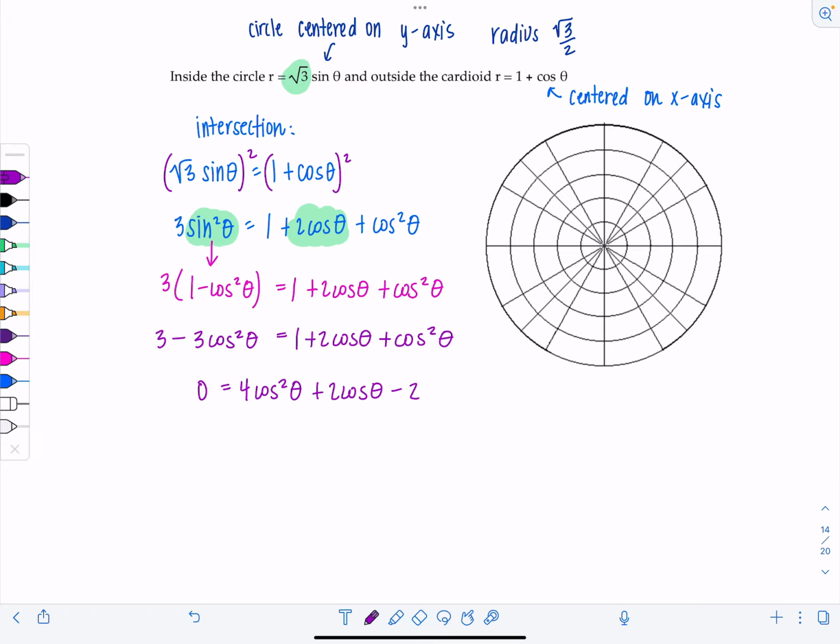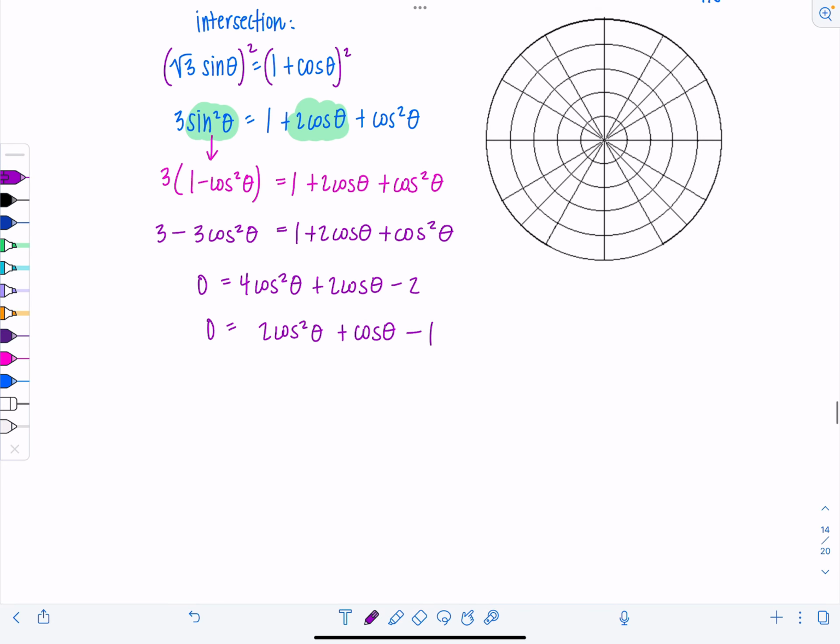Before I factor, let's just divide everybody by 2. So 0 equals 2 cosine squared theta plus cosine theta minus 1. Can you factor? You should be able to. This should be plus, this should be minus. Okay, so this means cosine theta is 1/2 or cosine theta equals -1.